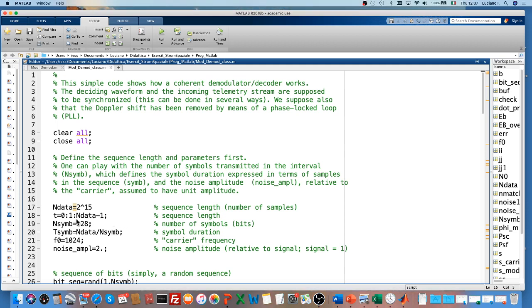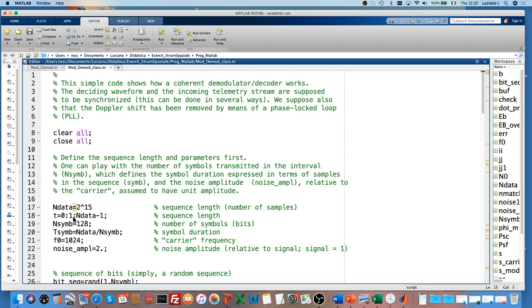I construct here a vector which contains an ID in the sequence for each sample. Remember, I've not specified how often these samples are taken. If the sampling frequency is 1 megahertz, then the sampling period is 1 microsecond, and so on.